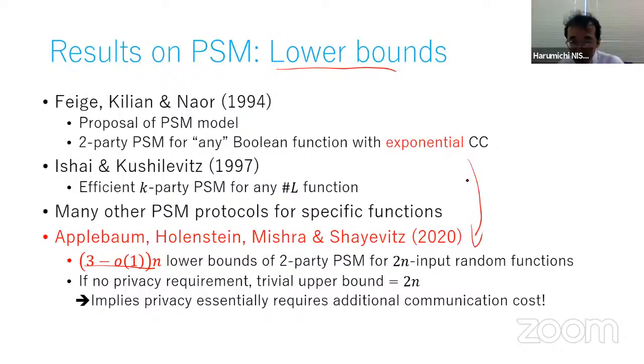The gap is very huge, but in fact this is the best result.